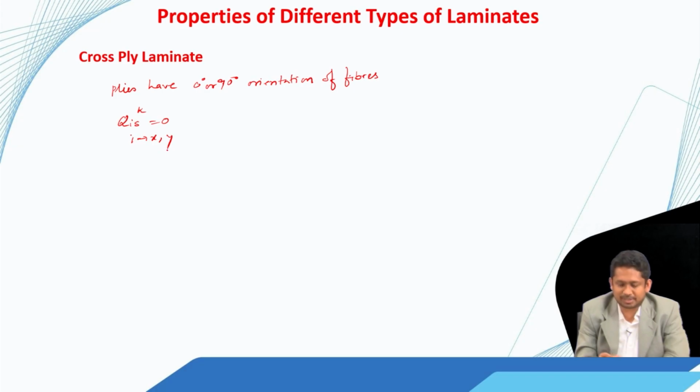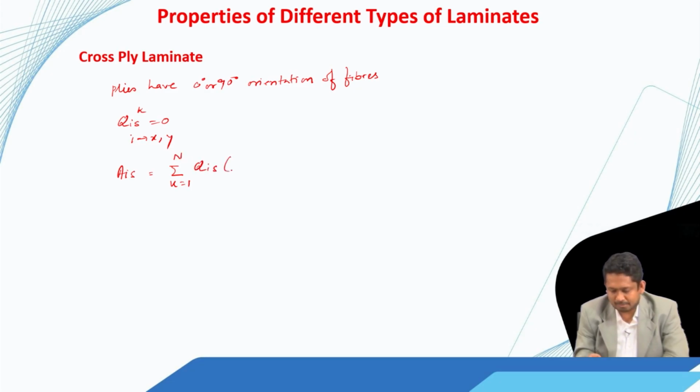Now, that means when we make the A matrix or B matrix or D matrix out of them, they also have the corresponding IS terms 0. For example, if I write AIS, that is the sum from K equal to 1 to n of QIS multiplied by ZK minus ZK minus 1. When we sum this up, it is always 0 because QIS itself is 0.